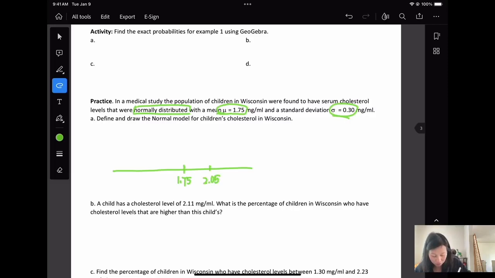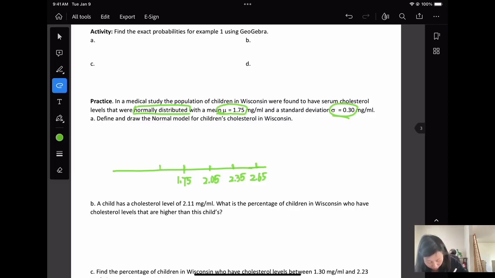That's one standard deviation away. Two standard deviations away should be you add another 0.3, and three standard deviations away is 2.65. That should contain 99.7% of your data.